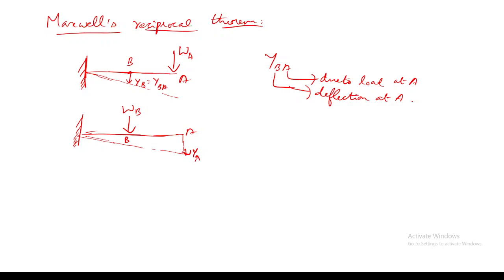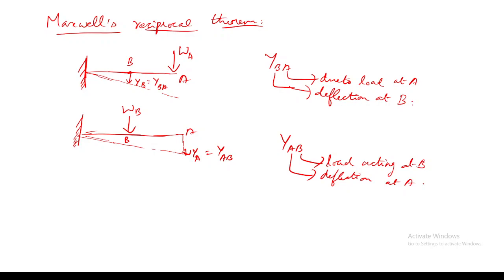YA equals YAB, where YAB is nothing but due to load at B, I am finding out the deflection at A. Sorry, here it should be deflection at B. So based on what Maxwell reciprocal theorem states, WA into YAB equals WB into YBA.